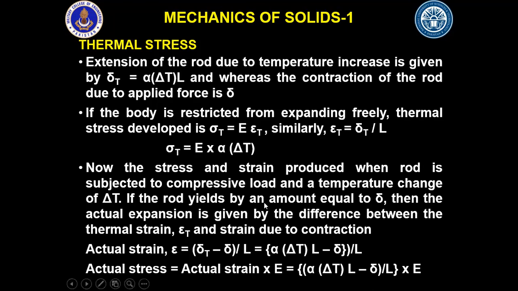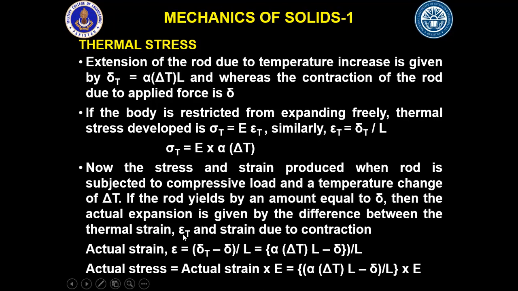For example, over here you can see that actual strain is equal to delta T minus delta divided by L. Now, what is delta T? Delta T is the thermal strain, and it is because of expansion.